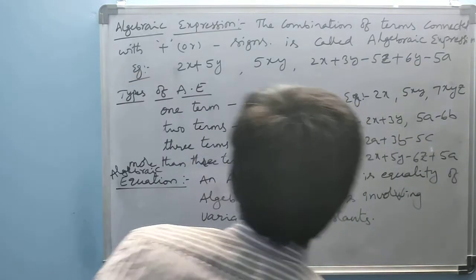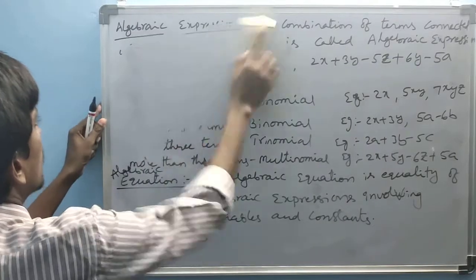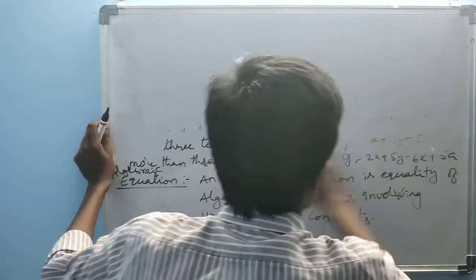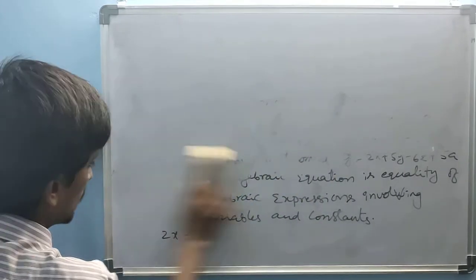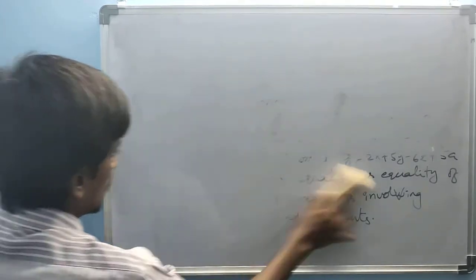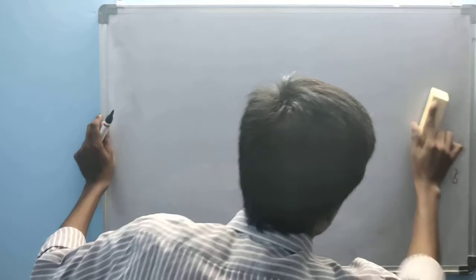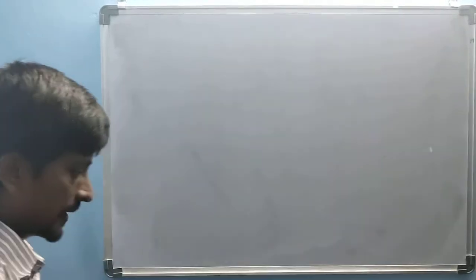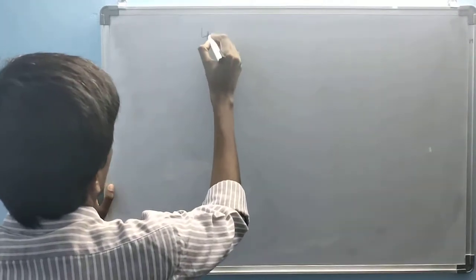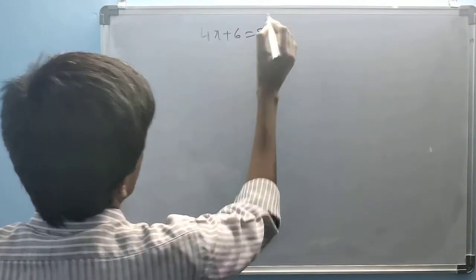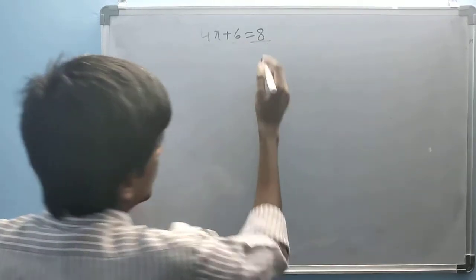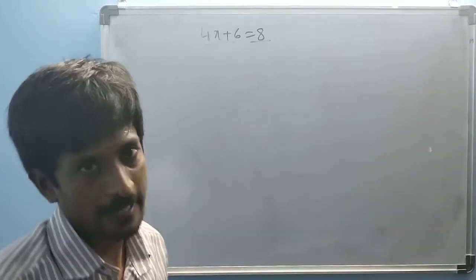For example, one equation is given like that: 4x plus 6 equals 8. So, this is one algebraic equation.